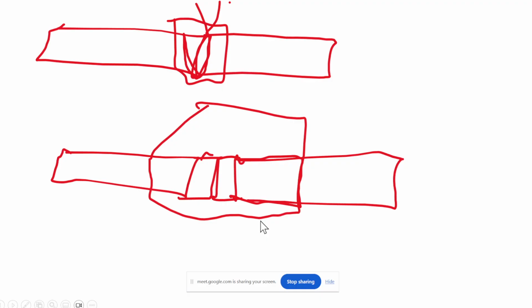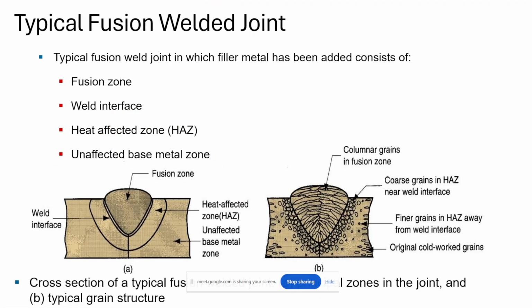And yes, we can see how the microstructure looks in the weld bead. Here in the weld bead region, we can see columnar grains. Why columnar?